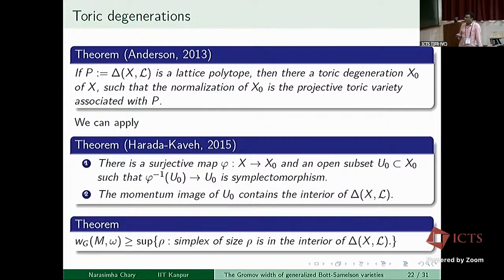If you combine these two, suppose you have a nice Newton-Okounkov body, then you get a toric degeneration. And by the embedding method in the toric case, the Gromov width is bigger than or equal to the supremum over all simplices lying inside your Newton-Okounkov body. It might not be integral, some random simplices, but at least in known cases they are integral.